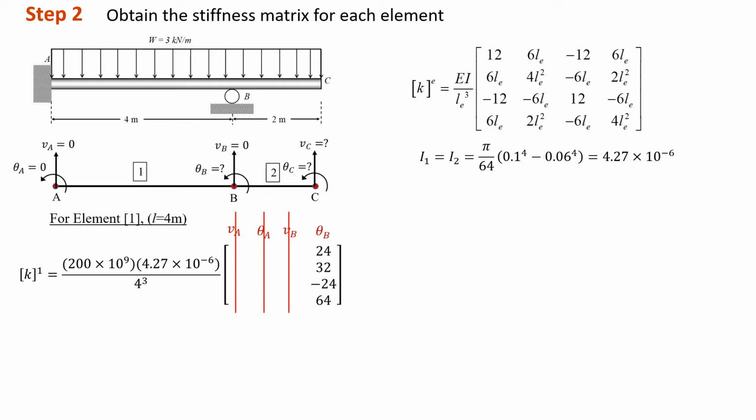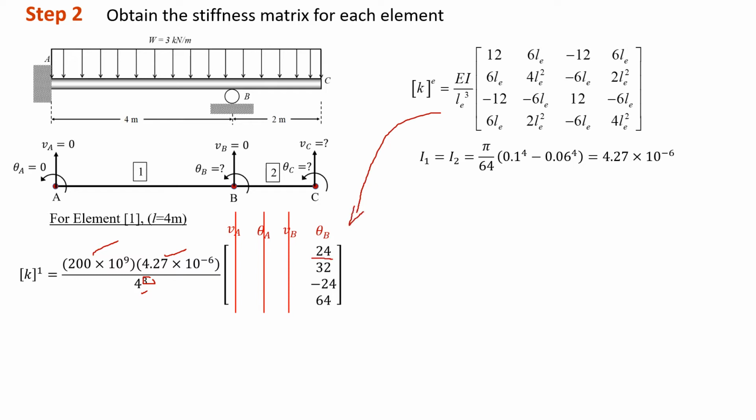So we replace those values with E 200 gigapascal, I 4.27, L is 4 meters. Please do not forget this 10 power 3 here. And all those values come from this matrix.